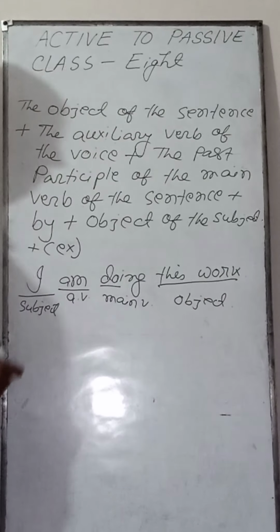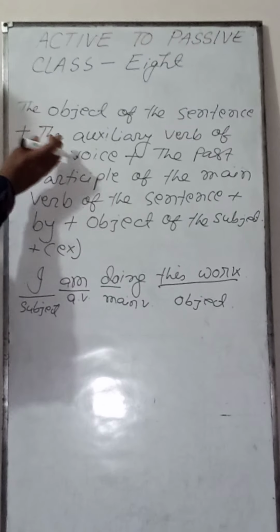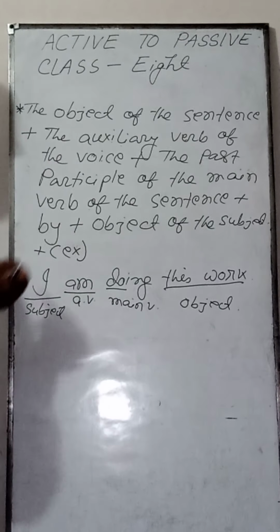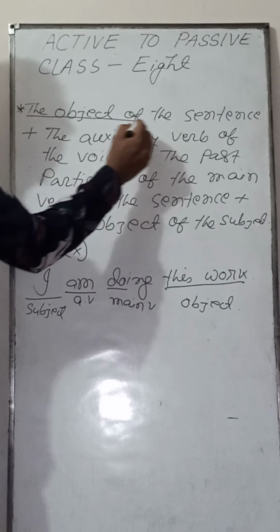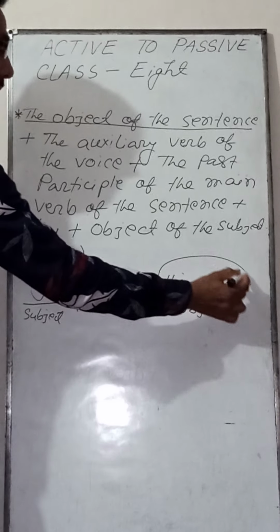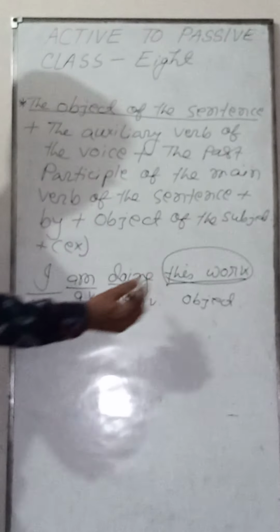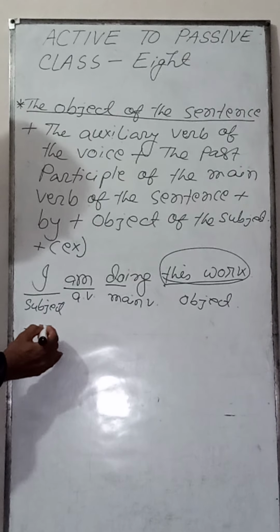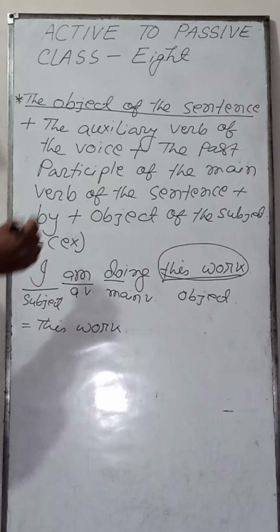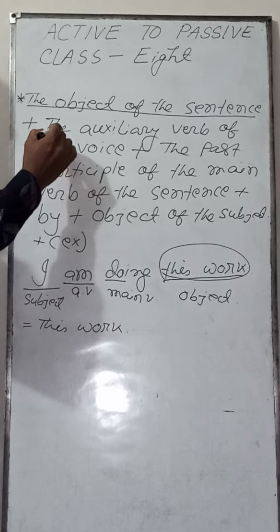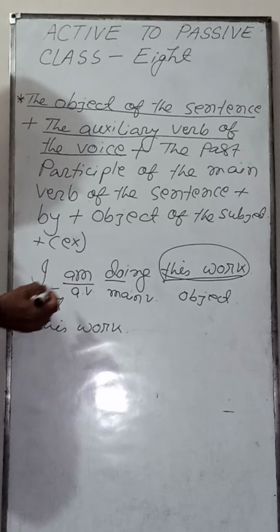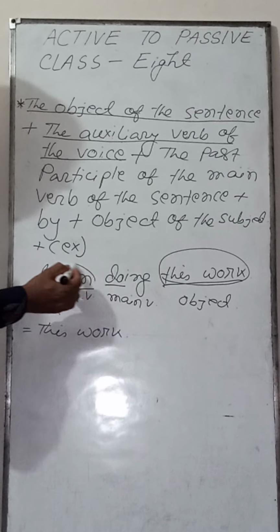Now I am going to the structure of the voice. Here you see the object of the sentence. Here, this work is the object of the sentence. Now you have to write here first this work, then the auxiliary verb of the voice. Here the auxiliary verb is am.